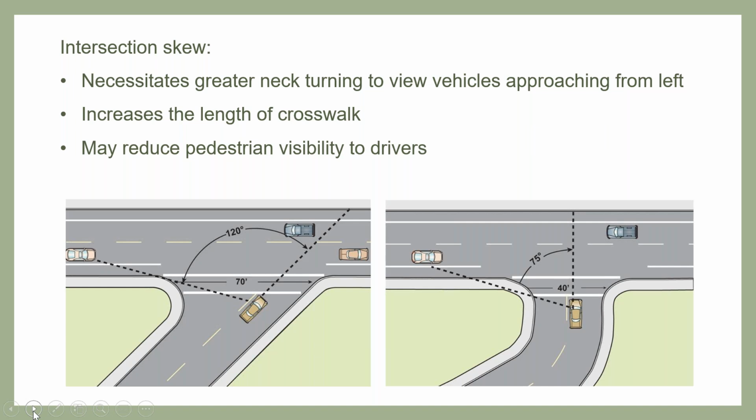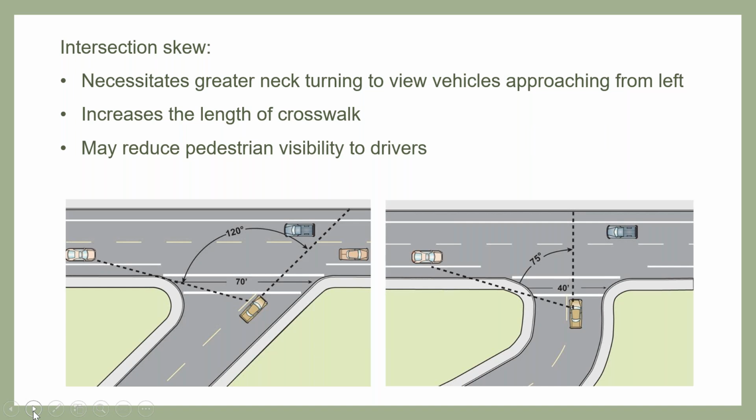So let's say this minor street is stop controlled, and drivers have to make a judgment on gaps of approaching traffic. Well, we already talked about the difficulty sometimes of having to turn our neck or upper torso, and that difficulty can become even more challenging when we have a bad skew angle.